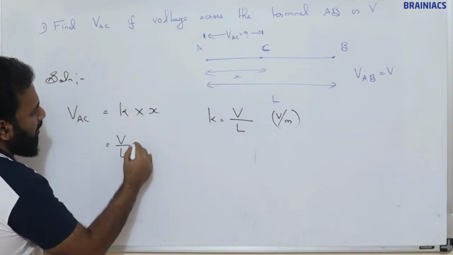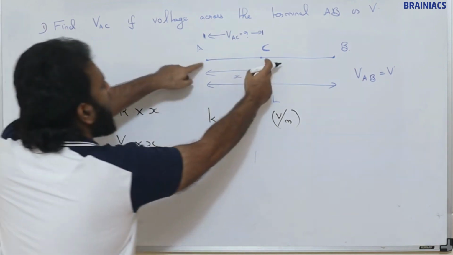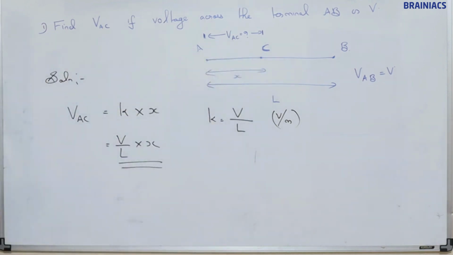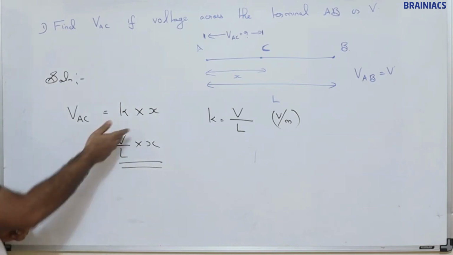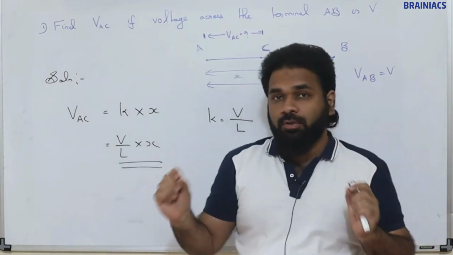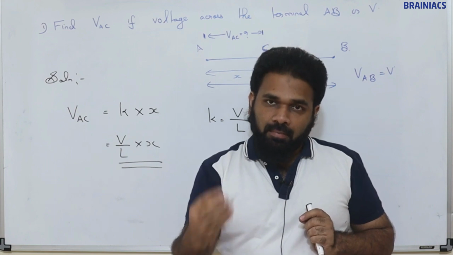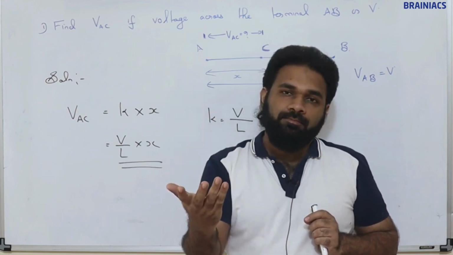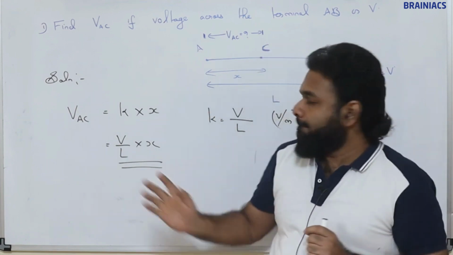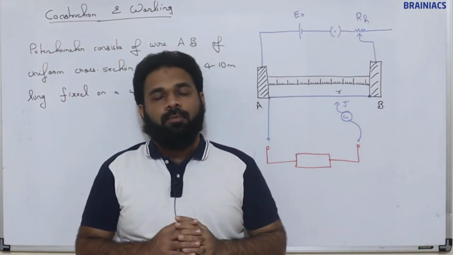V by L into X. So this is the voltage across the length AC. Clear? Okay, so this is Kx or V by L into X. So the voltage across any 2 points is nothing but the voltage gradient of that wire into its length. Okay, clear? Now we'll see the construction and working of the potentiometer.